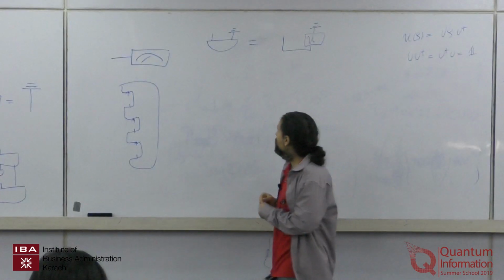And remember that unitaries have the property that U dagger U is equal to U U dagger, equal to identity. Okay, so now let's try this.